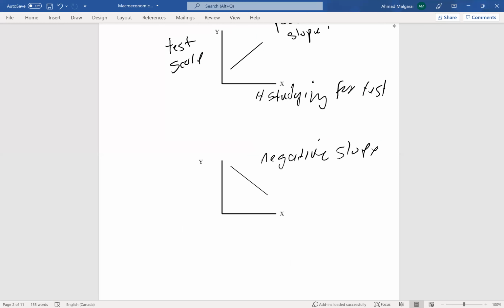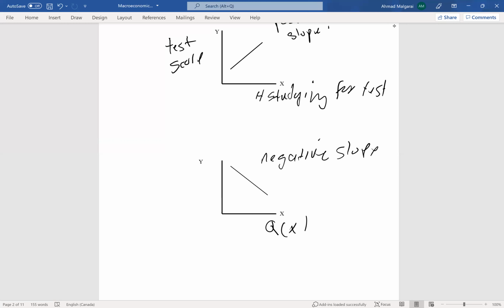So this shows how the quantity of a good a consumer wants to purchase, which is X, varies at price P. So this negative relationship says how the quantity of good a consumer wants to purchase varies as its price varies. So there's a negative relationship.